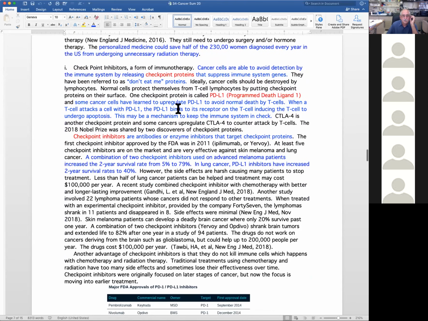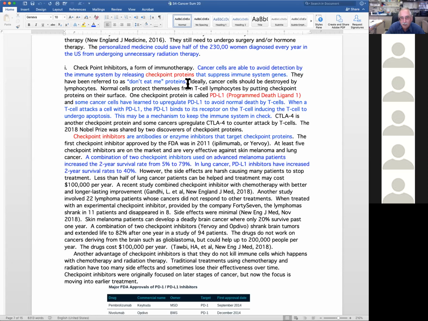Then another new thing are checkpoint inhibitors. Well, not exactly new. A type of immunotherapy. So cancer cells were able to avoid detection by the immune system by releasing what's called checkpoint proteins. What those do is suppress immune system genes. So checkpoint proteins are naturally occurring things.